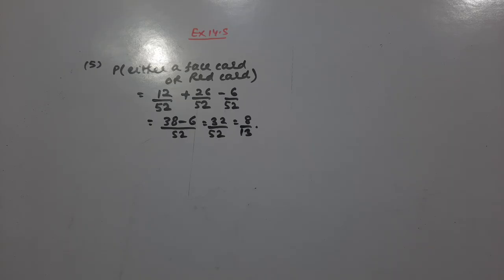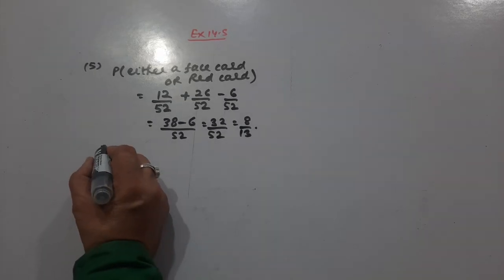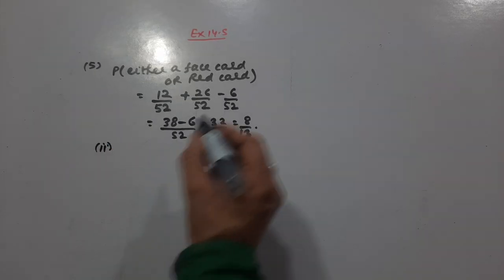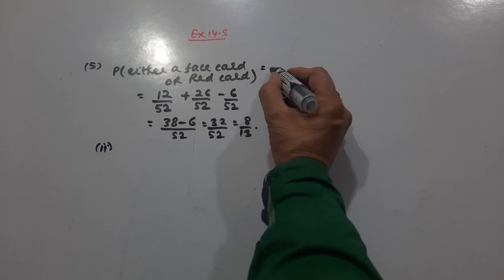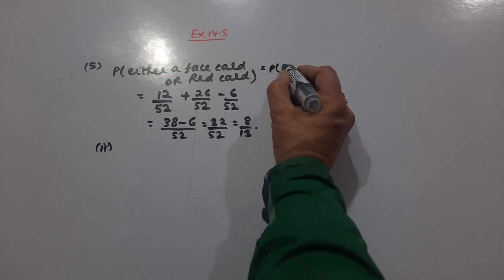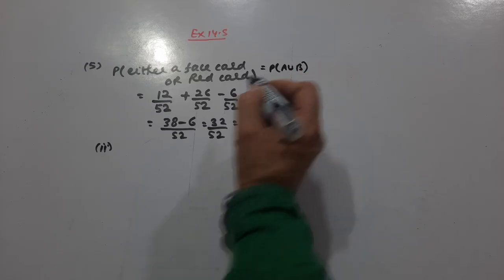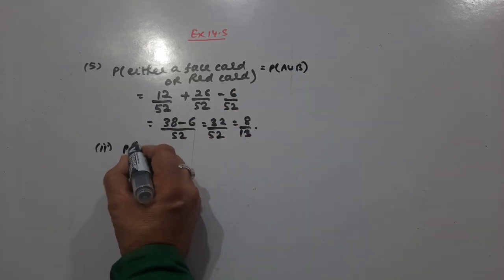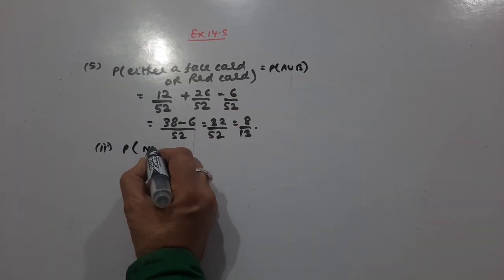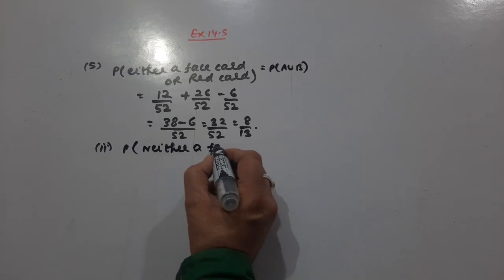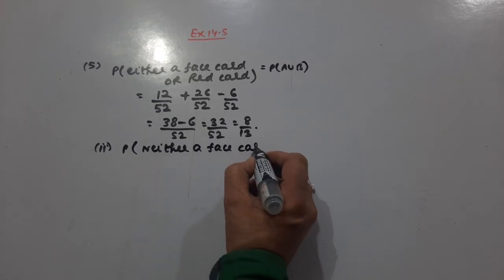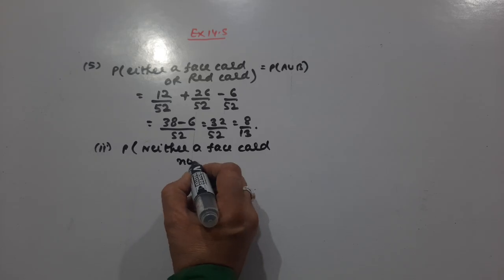The second part is neither a face card nor a red card, and this is equal to either a face card or a red card. So this is P of A union B. Now the second part is neither a face card nor a red card.